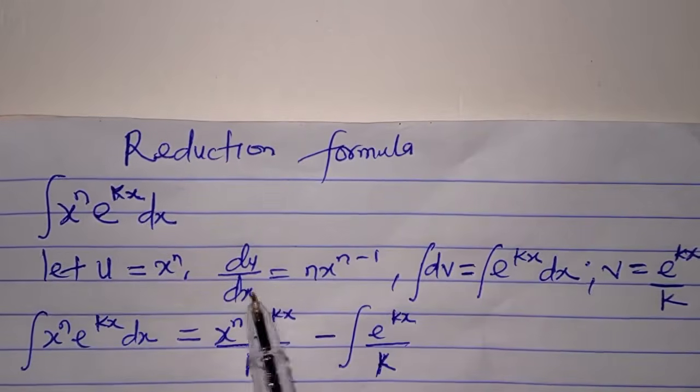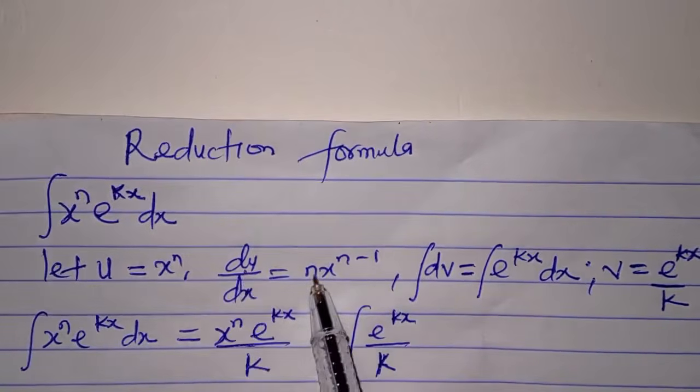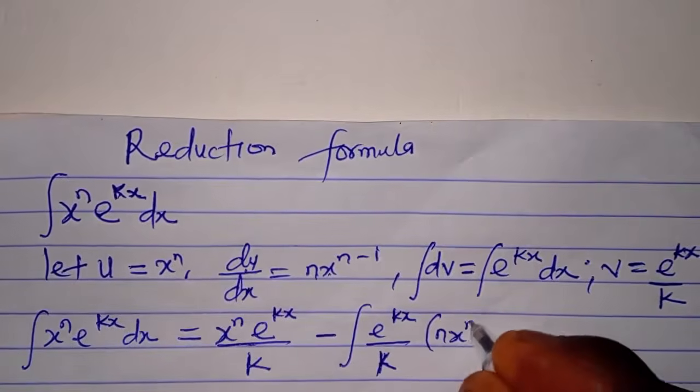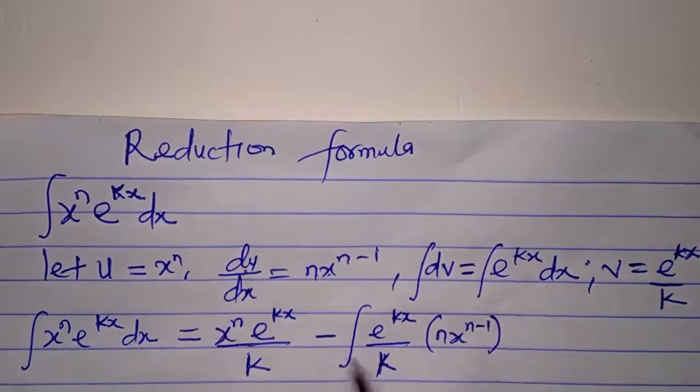If we cross multiply, du will be equal to n x to the n minus 1 times dx.